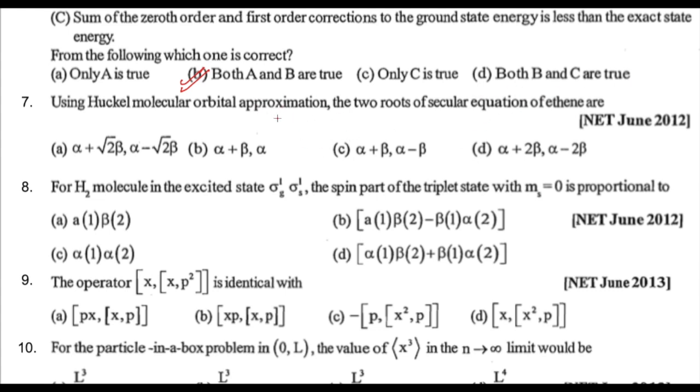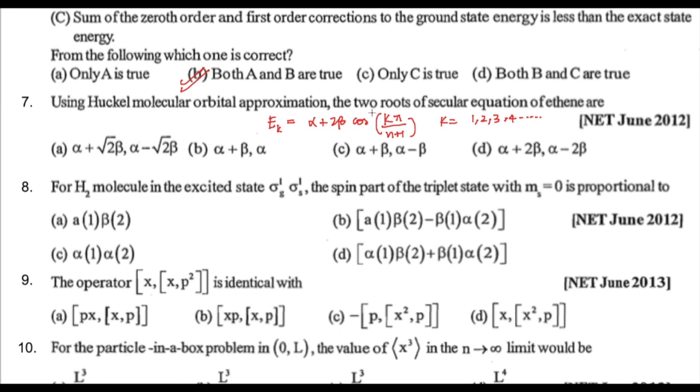But let me just tell you a direct formula which will be used to solve this. For linear molecules, the roots are calculated by this value: E_k equals alpha plus 2 beta cos(k pi / (n+1)), where k will have values 1, 2, 3, 4 and so on.